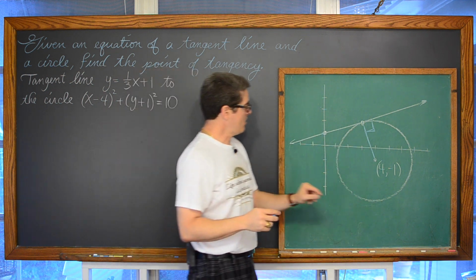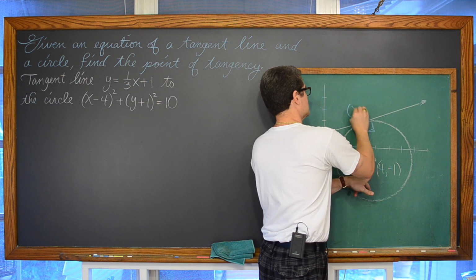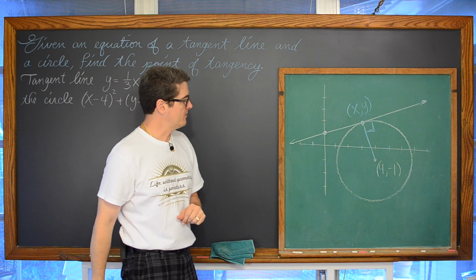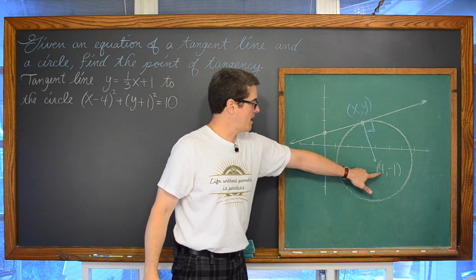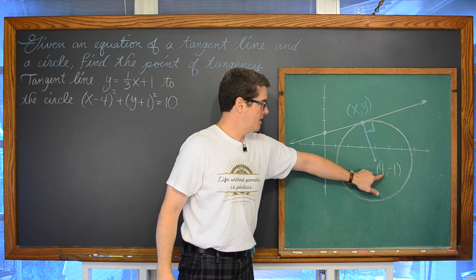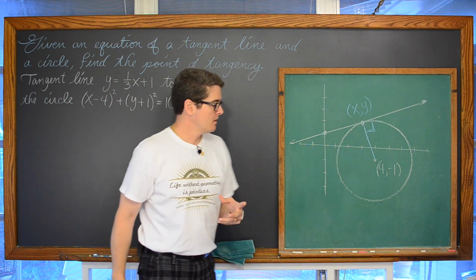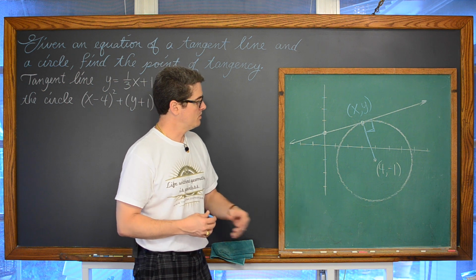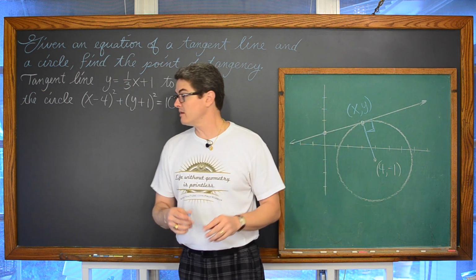So the slope between this unknown point of tangency, x and y, and this point of (4, -1) needs to be equal to -3. Now, where am I getting the -3 from?